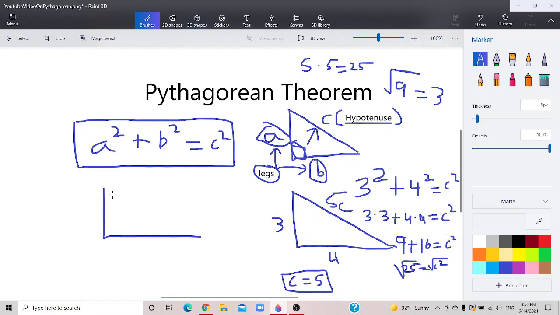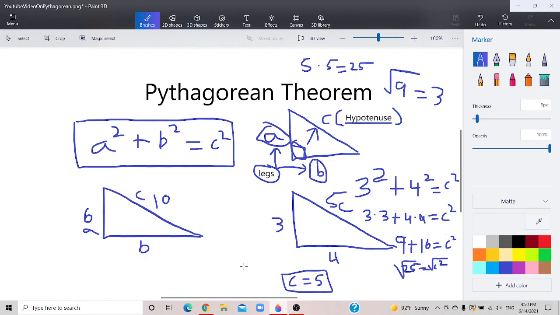So let's say A is 6 and C is 10. I didn't mean B, I meant C, because it's the hypotenuse. We have A, and we have to find B.